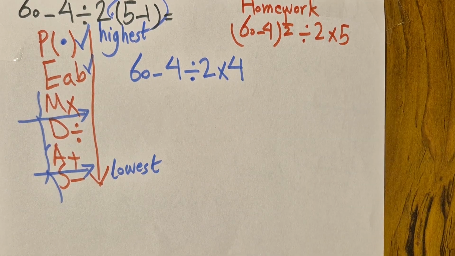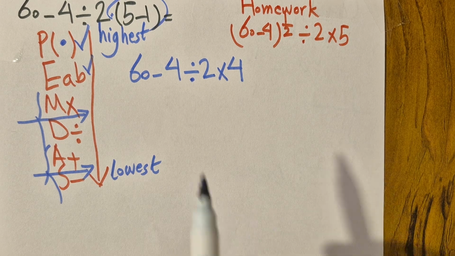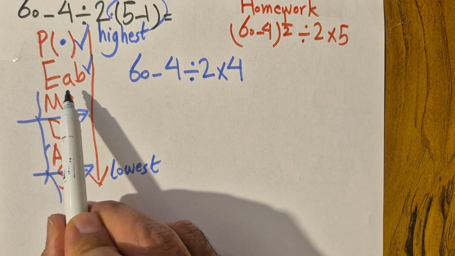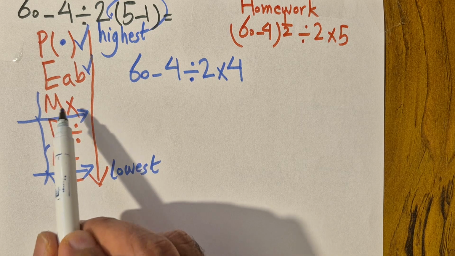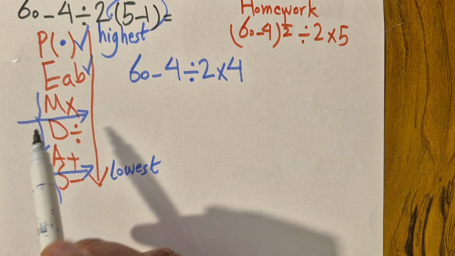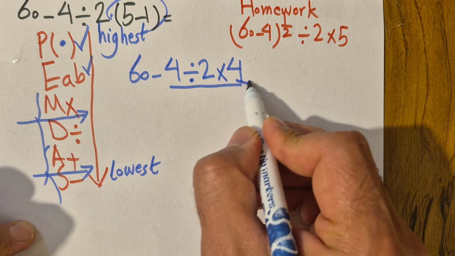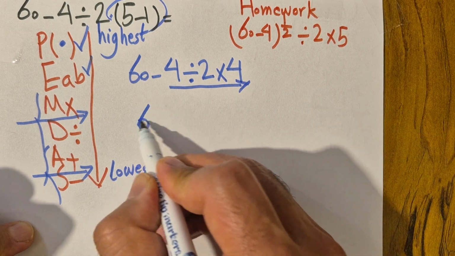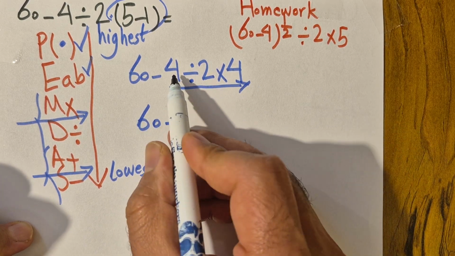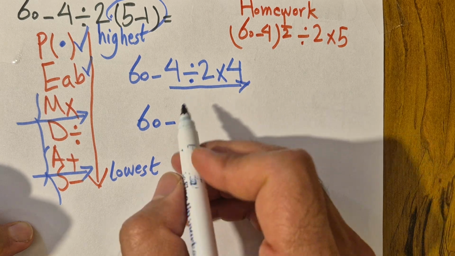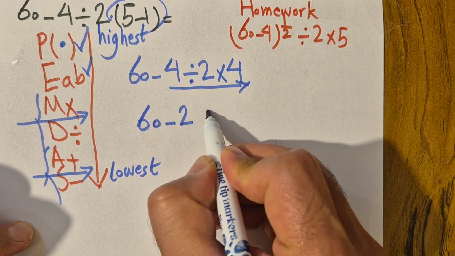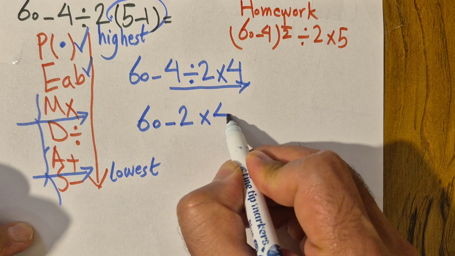So now there are no more parentheses. Do we have any exponents? No exponents. Do we have any multiplication and division? Yes, we do. But we must go from left to right. So 60 minus 4 divided by 2 gives us 2, and then times 4.